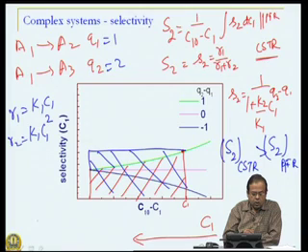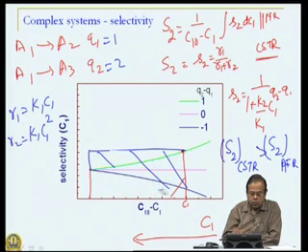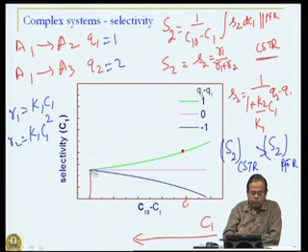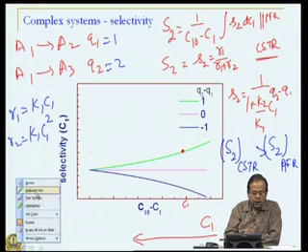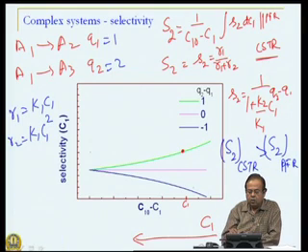Now, we can argue in a similar manner what must be happening for Q2 minus Q1 negative.